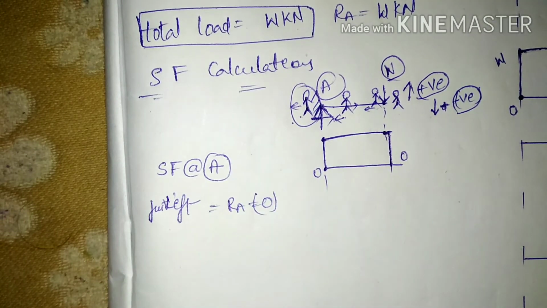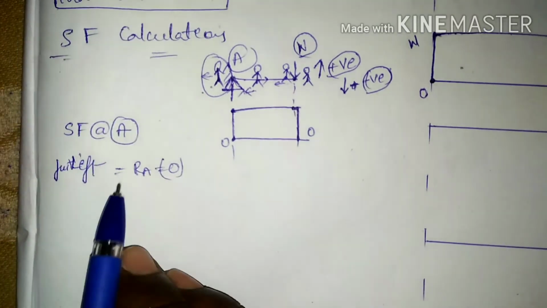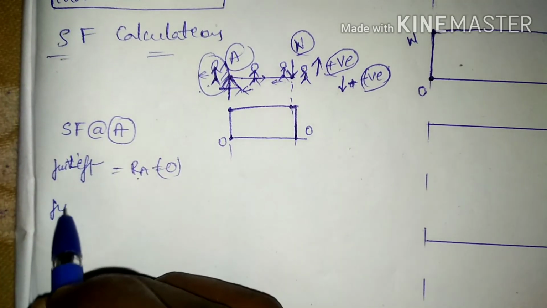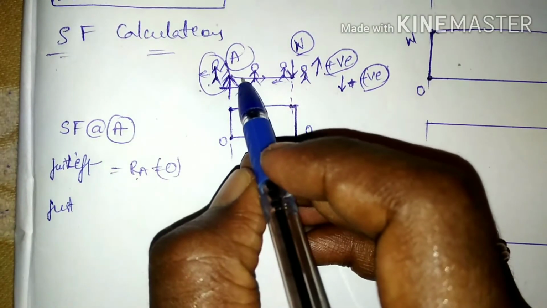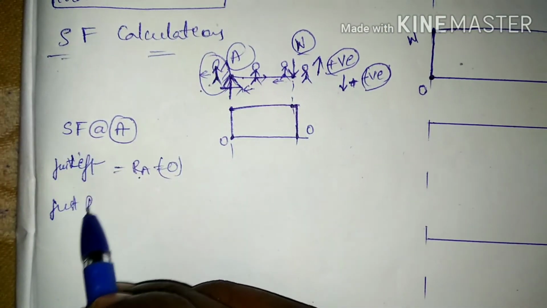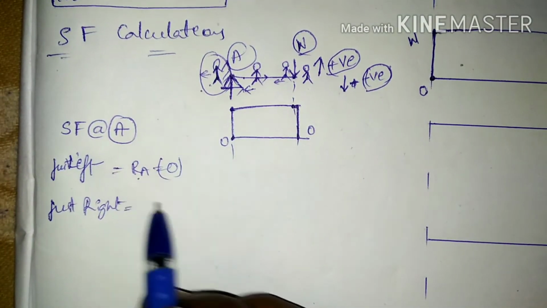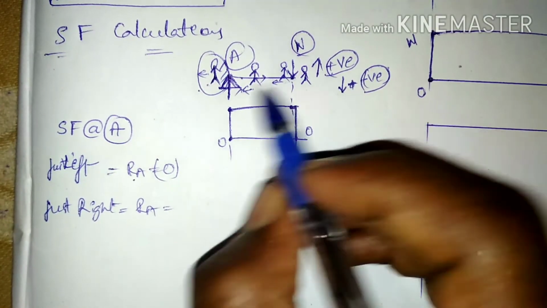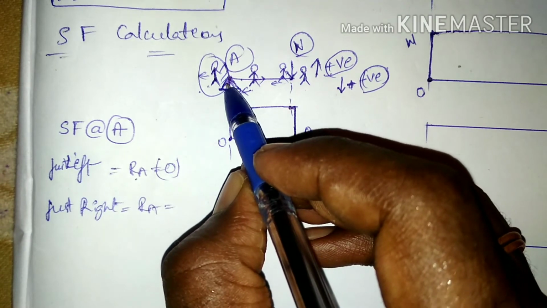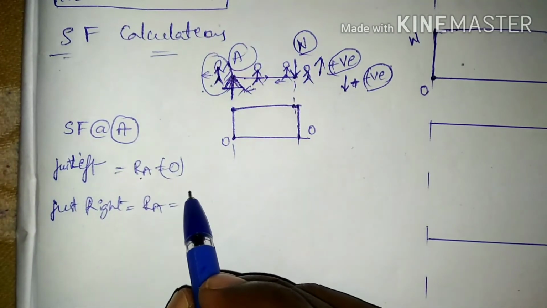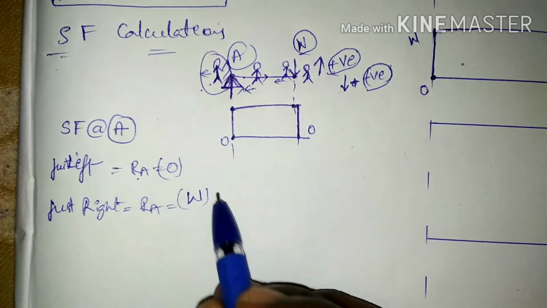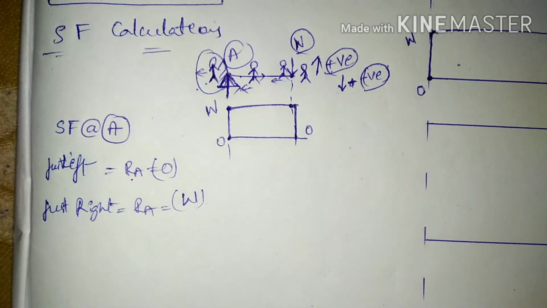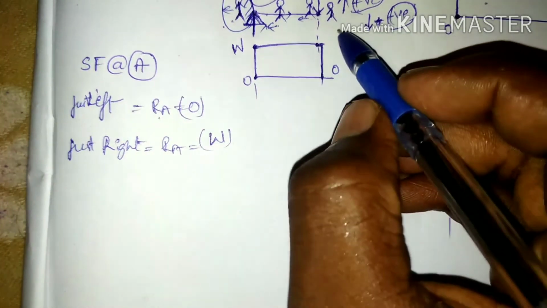I am not having any load, and here RA is equal to 0, and just right to the support, RA is equal to, taking the upward direction as positive, W kilonewtons. Here W kilonewtons.